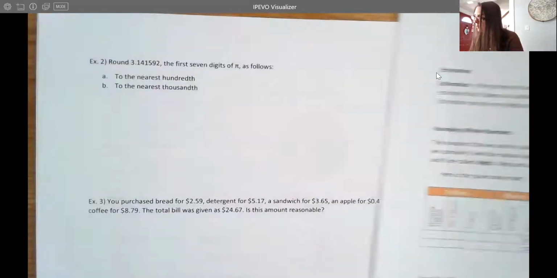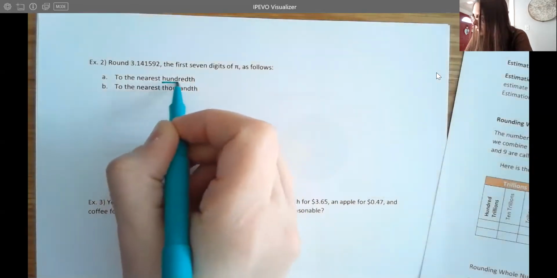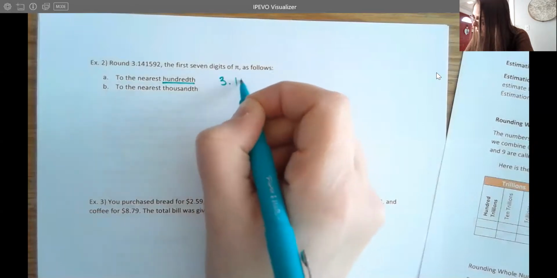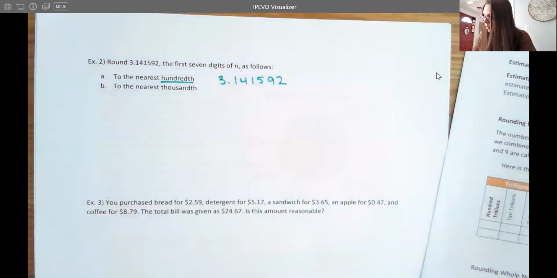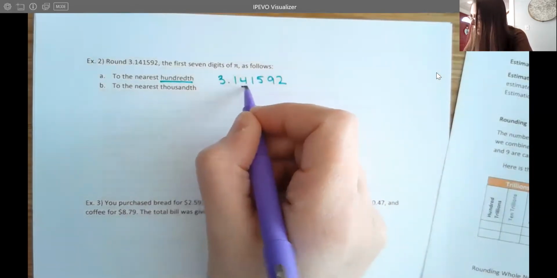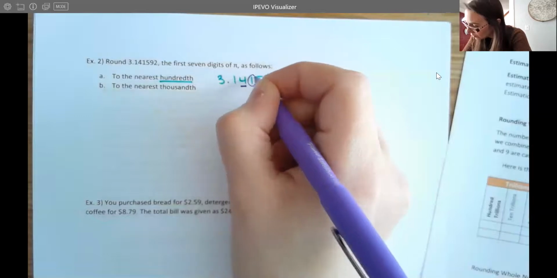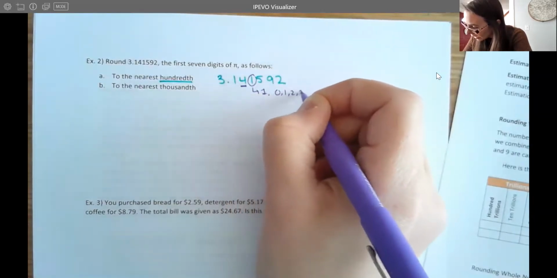So here, we're going to round first to the hundredths place. So I have 3.141592. So the hundredths place is 2 places out. That's right here. And then I look to my number to the right. That's a 1. It's in that small category.